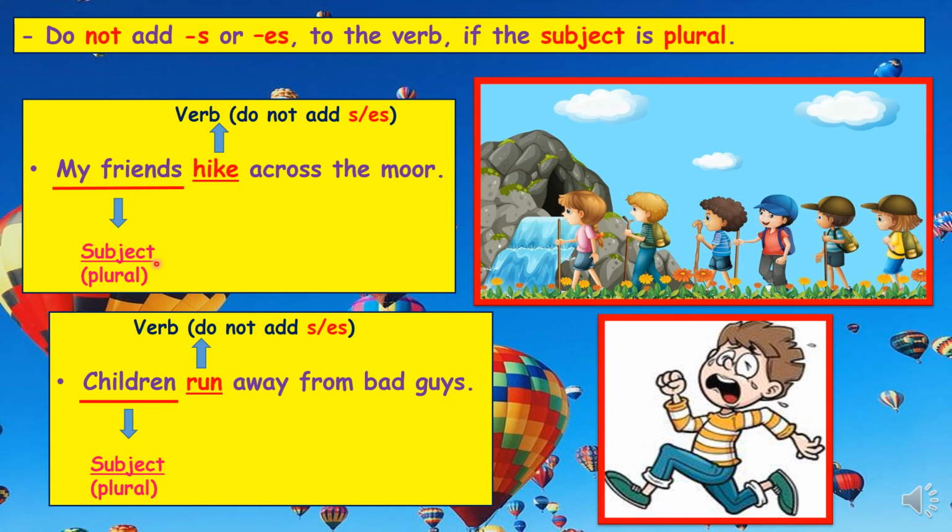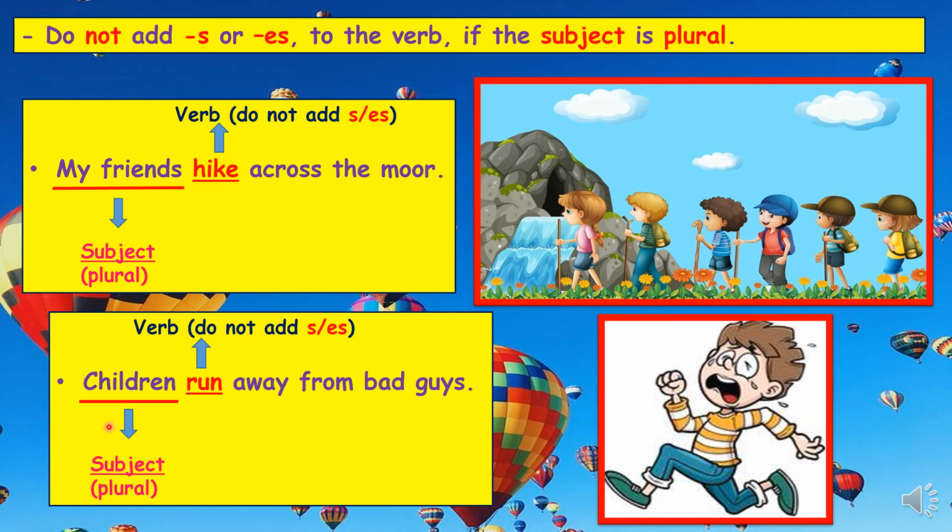Is it singular or plural? It's plural because we have s at the end, more than one friend. And the verb is hike. What do my friends do? Hike. So here the verb must not have s, neither es at the end. So it stays in its original form, which is hike.